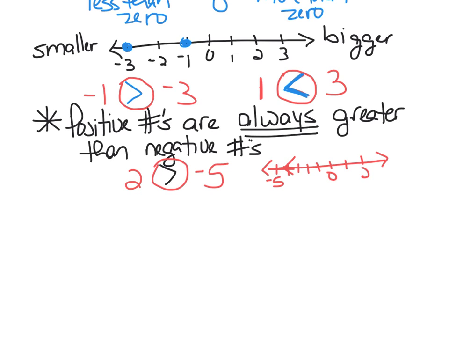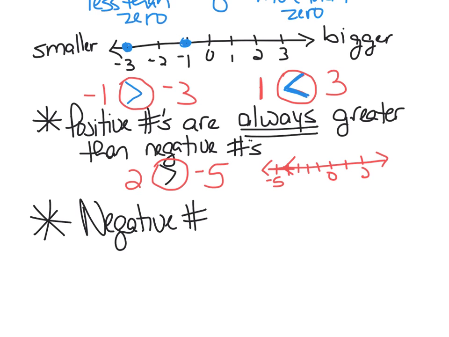Now this is another one that you need to put a star on because we're going to go with negative numbers. This is a rule.